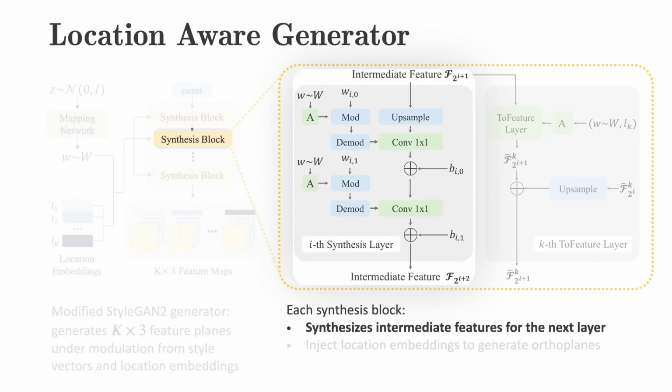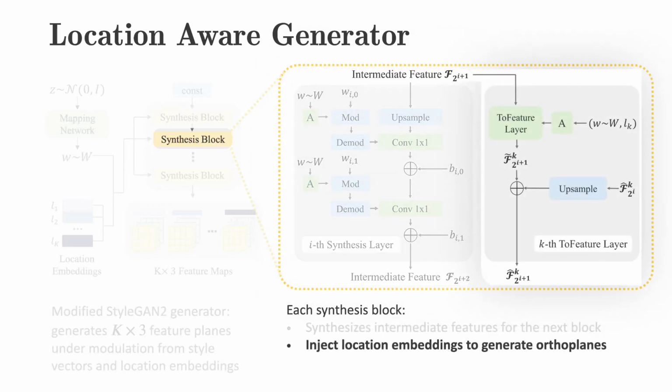Each synthesis block has two branches, one for generating intermediate features for the next block, and the other for generating the OrthoPlanes. This is where the location embeddings are injected. Notice that OrthoPlanes features are generated after each block. These features are concatenated to form the query-ready OrthoPlanes.